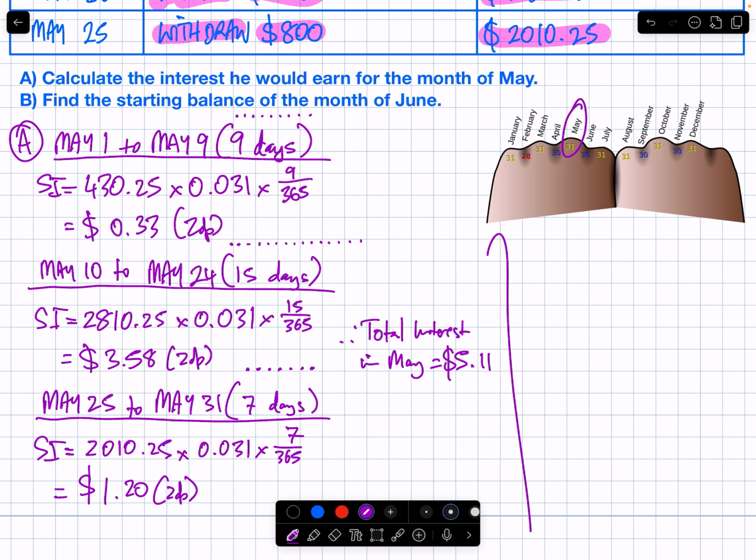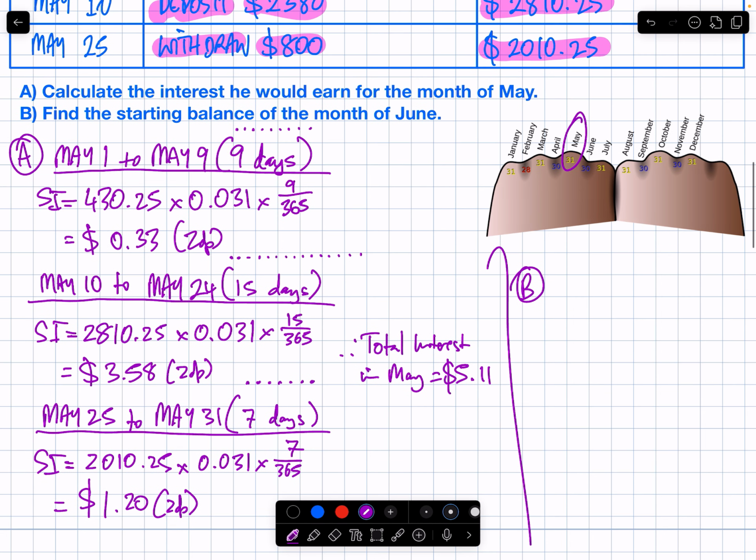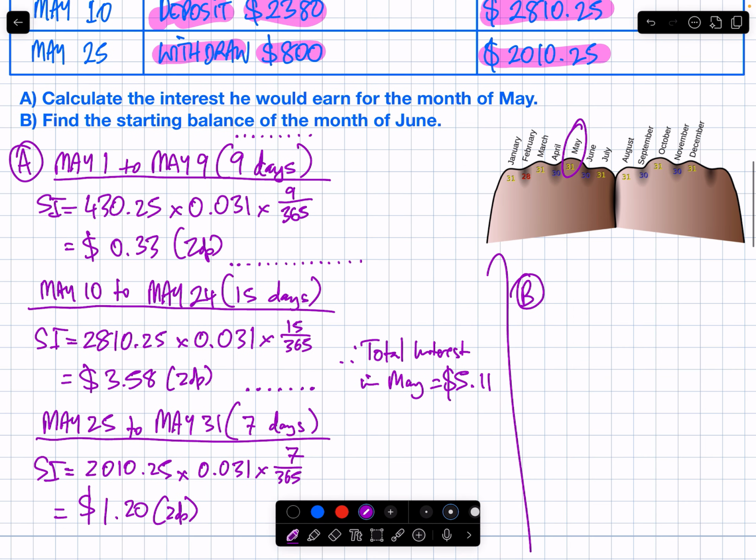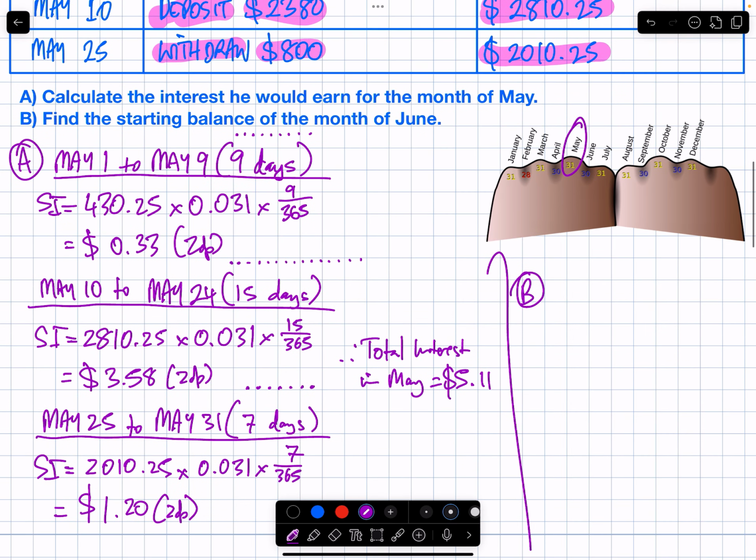Put a line here. Find the starting balance of the month of June. So each month, the interest generated is added onto the balance. So we finished with a balance of $2010.25 at the end of May. We generated $5.11 interest.